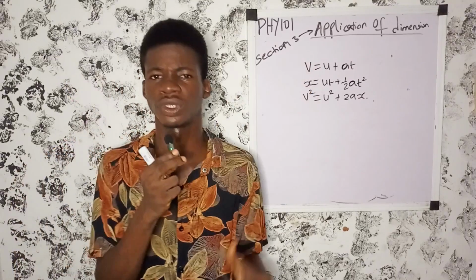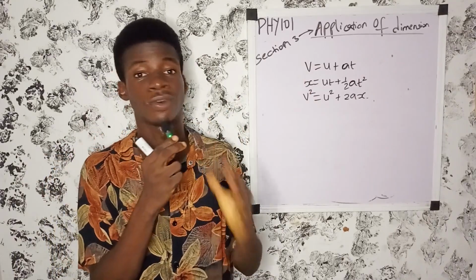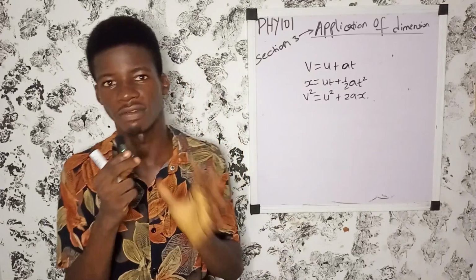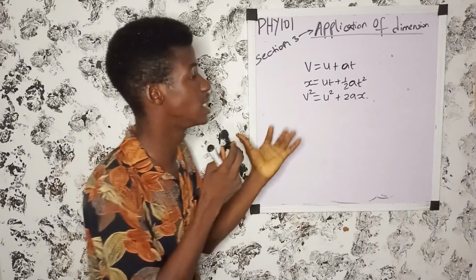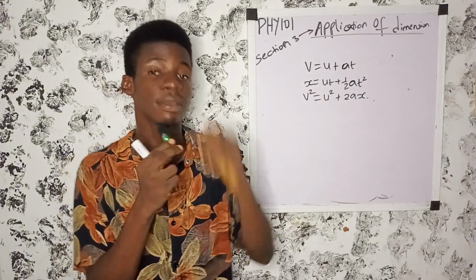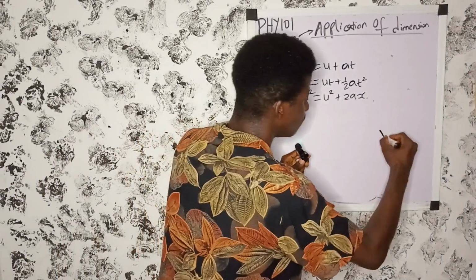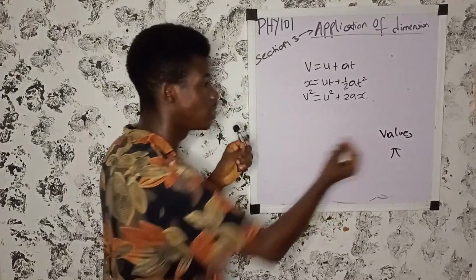Now, how do you look for dimensions of some quantity? The important thing you need to know in order to find the dimension of a particular quantity is the formula of that quantity. If you know the formula of that quantity, you can easily get the dimension of that quantity. Before I continue, take note that values are not symbols.